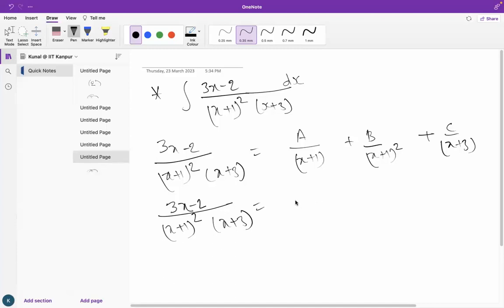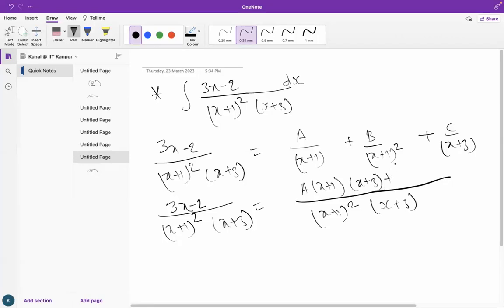And we simplify the right hand side. So what we get? When we take the LCM, (x plus 1) whole square times (x plus 3). Here we get A into (x plus 1) into (x plus 3). We just simplify the RHS and try to compare the LHS and RHS to get A, B, and C, so that we convert this complex part to a simple favorable integrand.